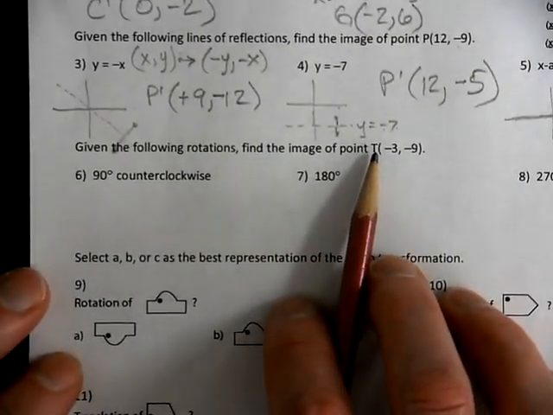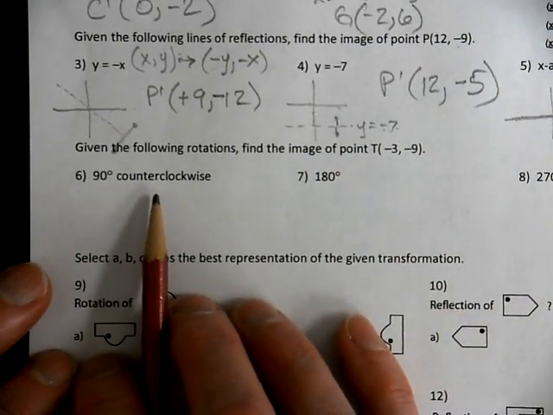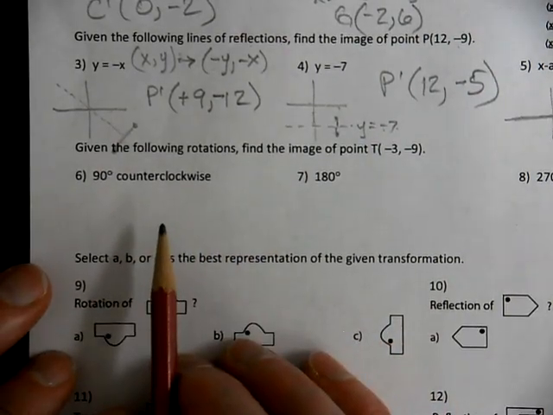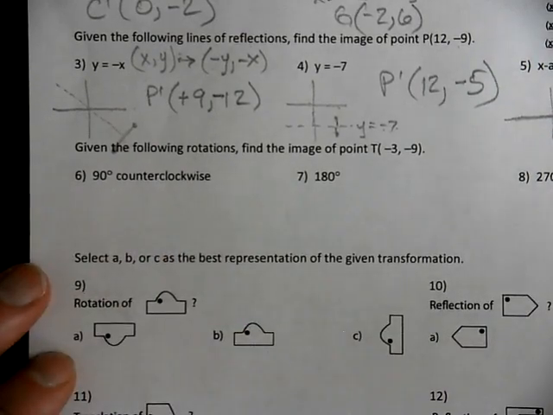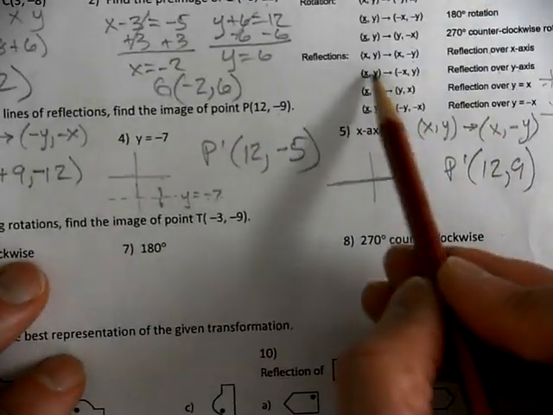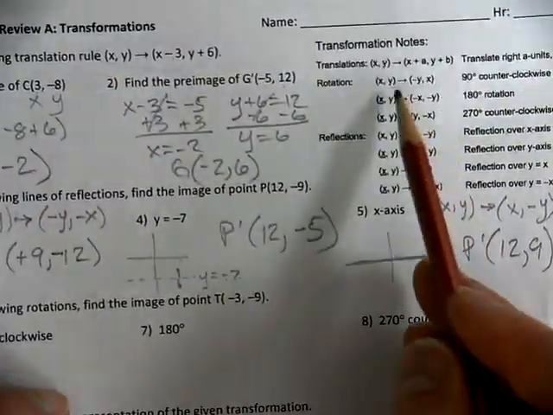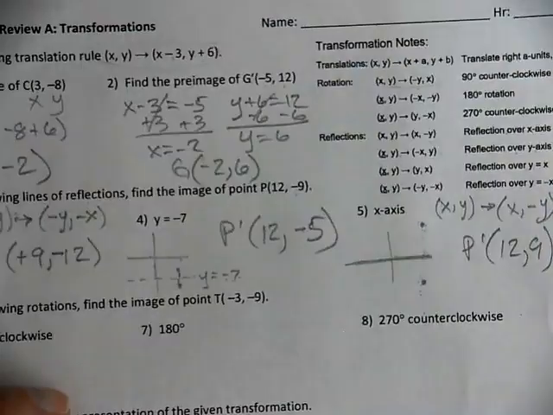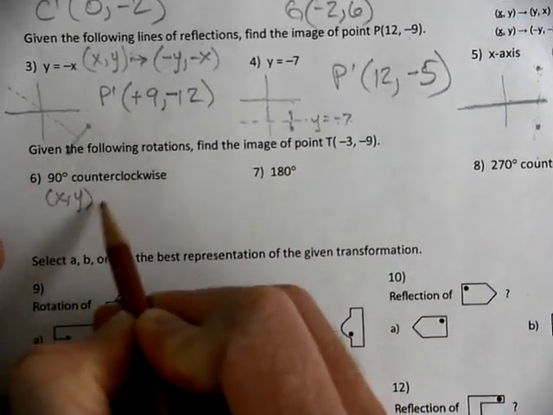Here's a point. T is (-3, -9). I'm going to rotate it 90 degrees. Now, what we've talked about before is trying to rotate our paper. That can be really helpful if you're on a grid. If we're not on a grid and we just have coordinates, maybe it would help you best if you just use the rule. So we have the rule, (x, y).